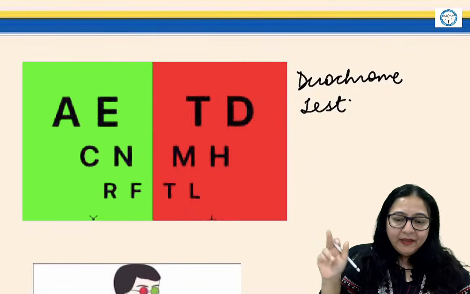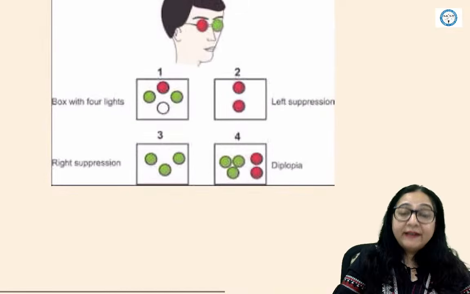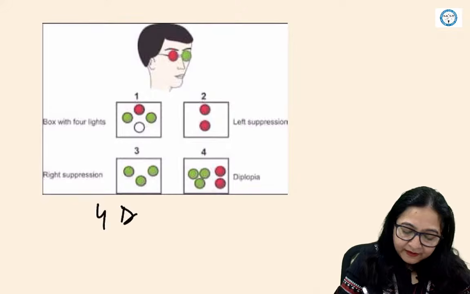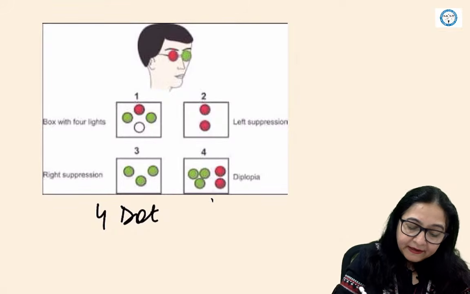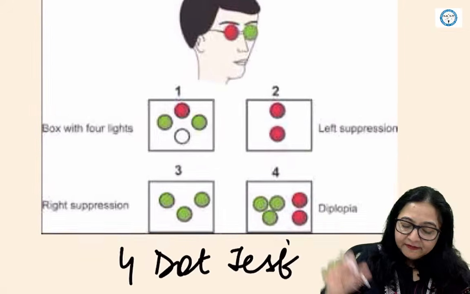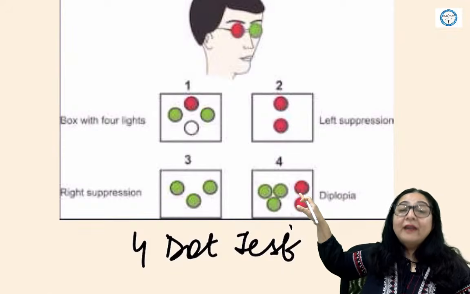this is not a test for suppression. The test for suppression is the Worth 4-dot test. In this test the patient wears red and green glasses. The red is in front of the right eye and the green is in front of the left eye, and they look at a box which has 4 lights.